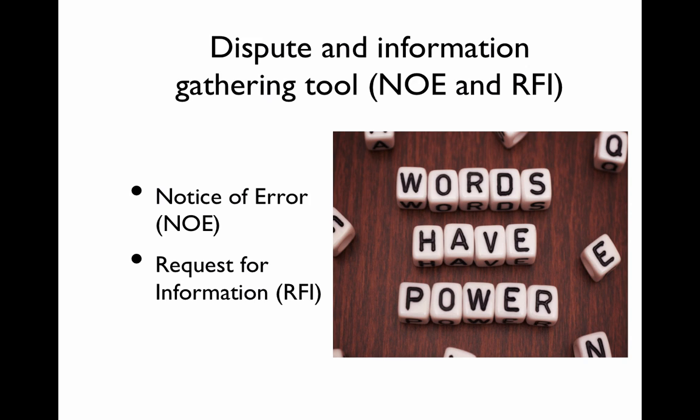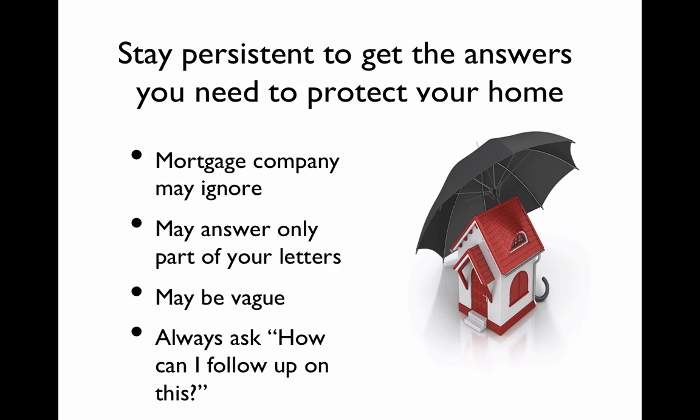Certainly if you're sending a notice of error, there's going to be a request for information with it as well. And we really get into this after the initial set of letters. When we start getting responses back, then that's when we typically will see, for every issue, a notice of error and a request for information.